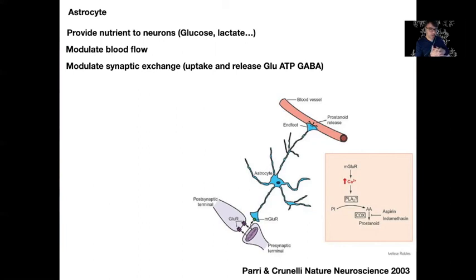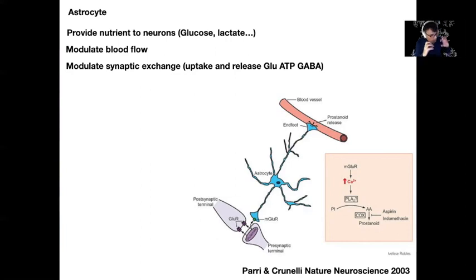And you know that blood flow is essential in the way we understand the signal derived from functional neuroimaging. And they can do even more than that. They can modulate the synaptic exchange by uptaking or releasing glutamate, ATP, and GABA.